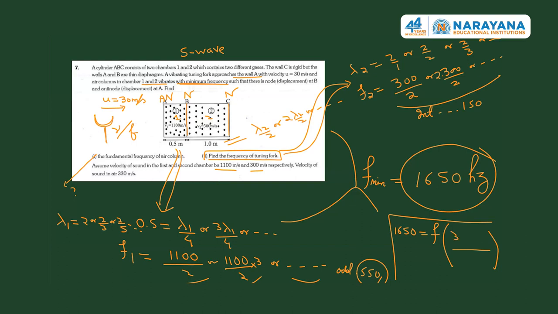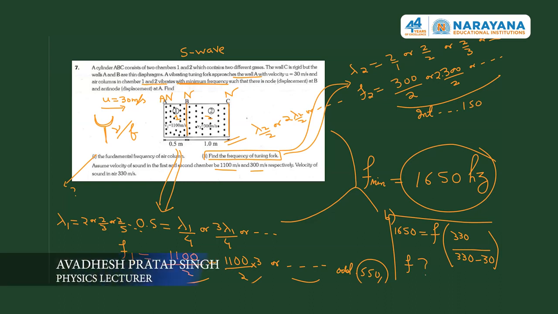So 330 over 330, and the source in this case is moving, so there should be a factor of minus 30. So actually, the frequency asked in the B part of the question can be answered by the F value, which will come from that 1650 which we are observing.